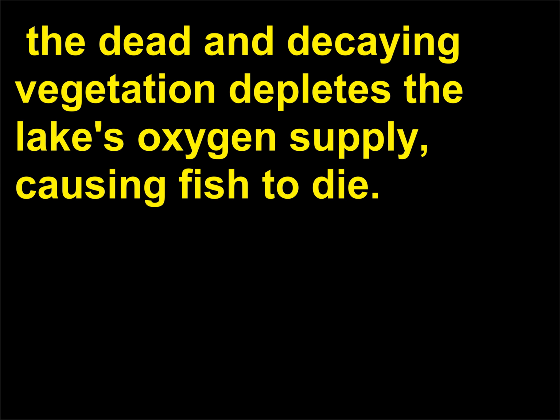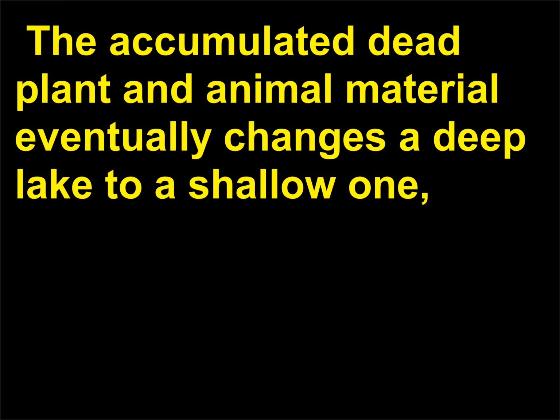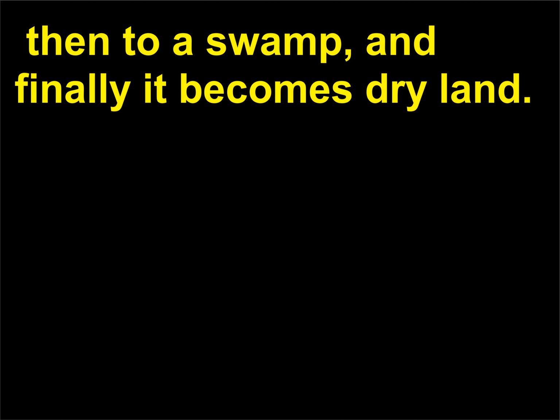As the plants die off, the dead and decaying vegetation depletes the lake's oxygen supply, causing fish to die. The accumulated dead plant and animal material eventually changes a deep lake to a shallow one, then to a swamp, and finally it becomes dry land.